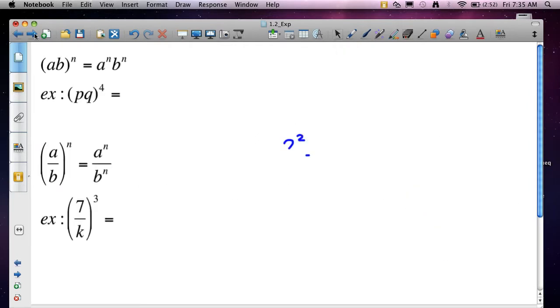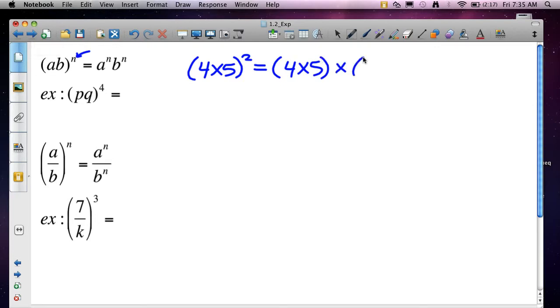So the first thing we're going to do is take a look at the first rule. I have a times b in parentheses, and then I have that raised to the power of n. So that might look like 4 times 5 squared. What that means is that I have 4 times 5 times 4 times 5.